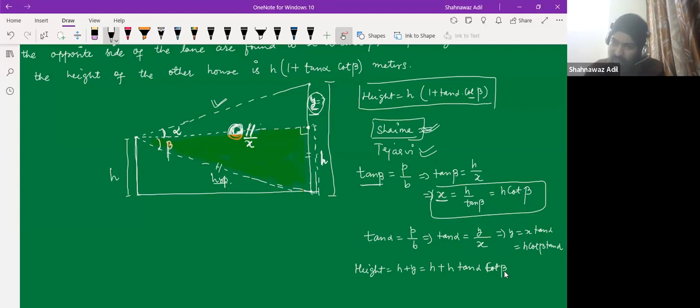Then I can take h common, so h times (1 plus tan alpha cot beta). So this would be the answer. This is what we wanted. Is it clear to you, Amar? Yes, sir. Okay, so please note it down, and then we'll start the triangles part.